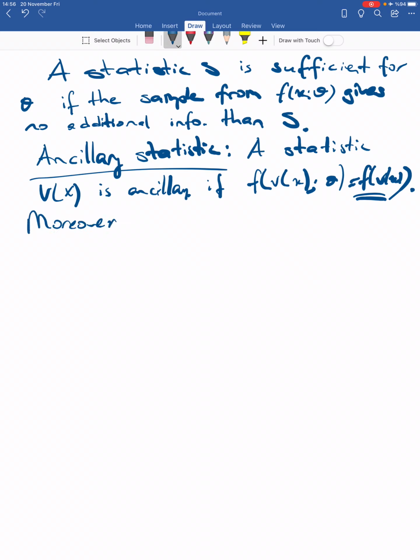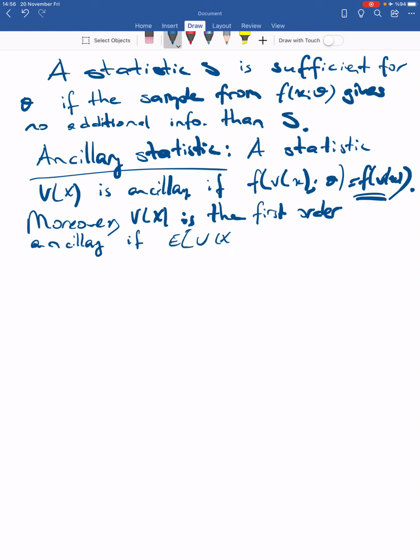Moreover, we can say that V(X) is first order ancillary if its expectation is constant. So it does not give us anything regarding theta. If we consider just the first order expectation, we have first order ancillary. If first and second order expectations are constant, we have second order ancillary. If all of them are like that, our statistic is a totally ancillary statistic.